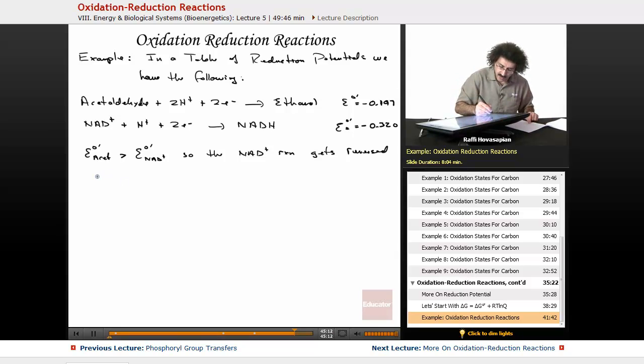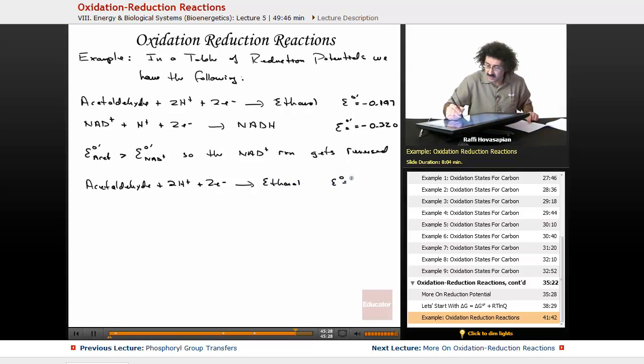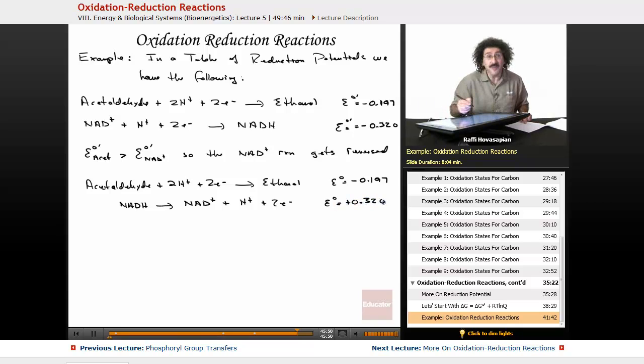Acetaldehyde plus 2H plus 2 electrons goes to ethanol, and its standard is minus 0.197. And the other one gets reversed, so we write it as NADH goes to NAD plus H plus 2 electrons, and because we reversed it, we write it now as a positive 0.320.